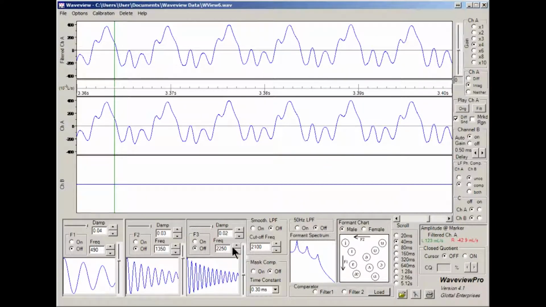Now notice on the bottom we have the first three formants, first, second, and third formant, and a low-pass filter called a smoothing low-pass filter, which takes out energy above the cutoff frequency here.